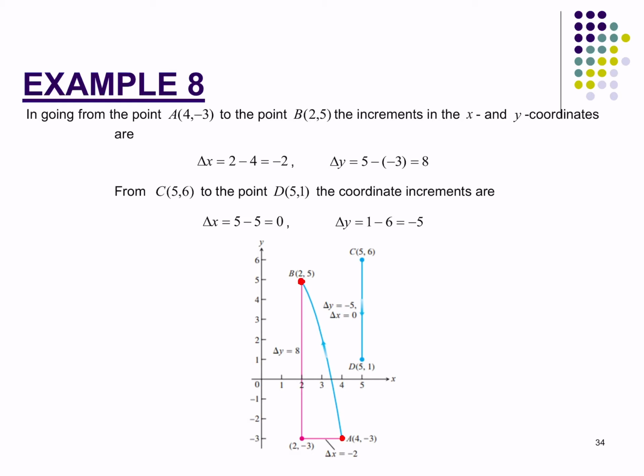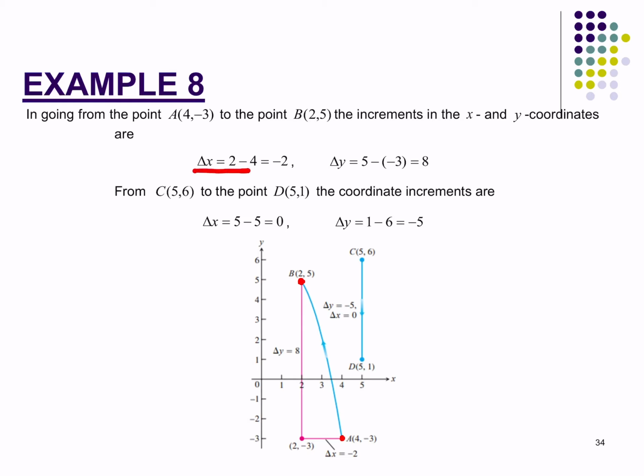In this case, we're going from A toward B. Going from one position to the next, final position, we call that the increments. So in this case, we have two coordinates, x and y. Therefore, we need two increments, one in the x coordinate and one in the y coordinate.